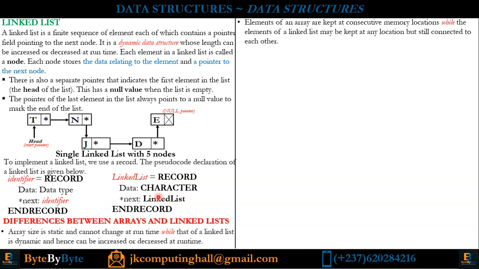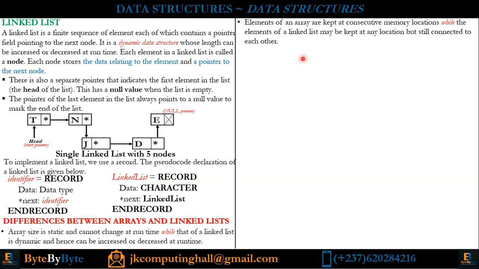The next difference, elements of an array are kept at consecutive memory locations, while elements of a linked list may be kept at any location but still connected to each other. As explained in the last lesson under arrays, I explained what we mean by being stored in consecutive memory locations, meaning that if I have the first element stored at location 1, the next location is 2, that will be for the next value of the array, and so on and so forth.